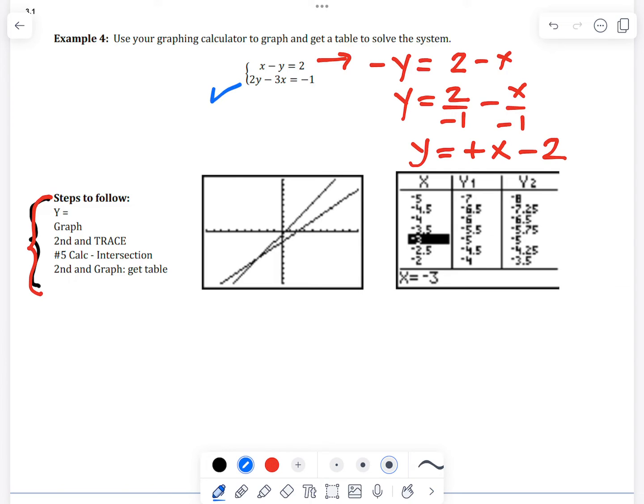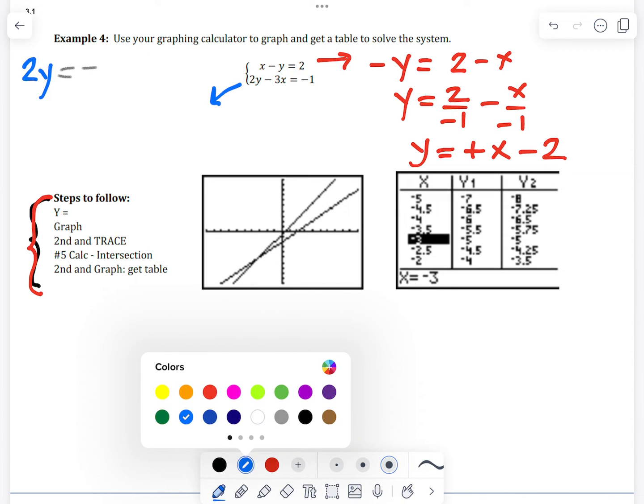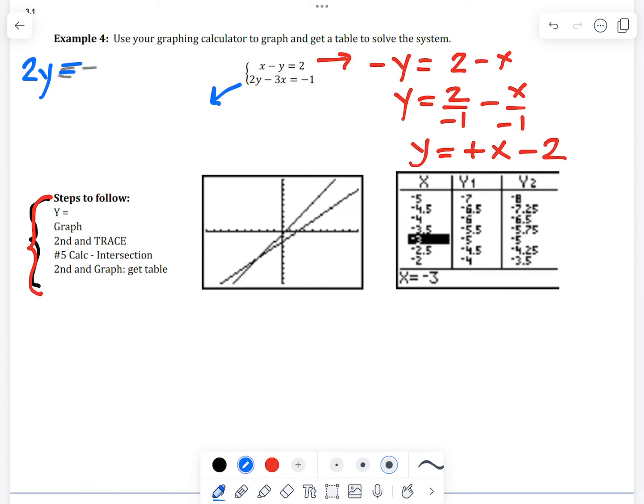All right, this equation here also has to be converted to slope-intercept form. So we need to add 3x to both sides. And then we have to divide both sides by 2.